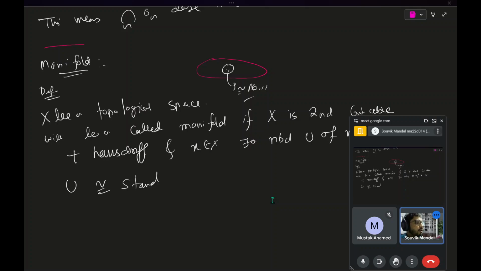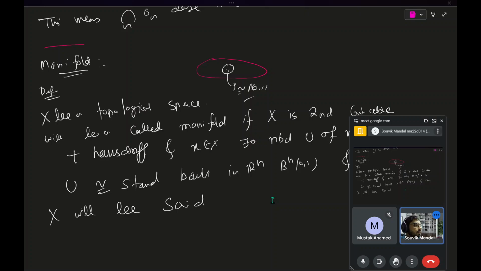Then X will be said to be a manifold of dimension n. Dimension of X equals n. Okay, so it is a manifold.